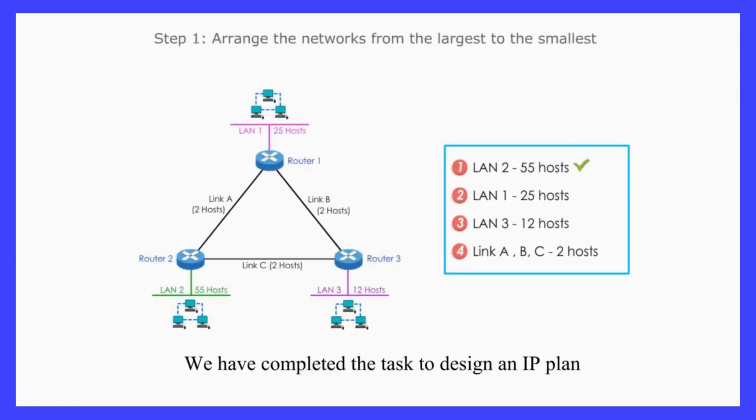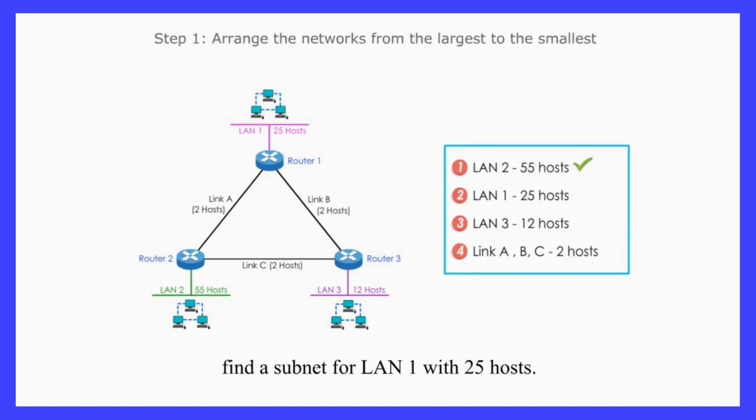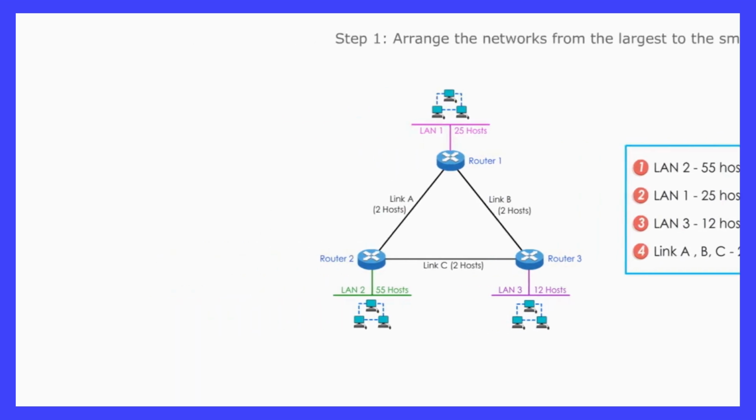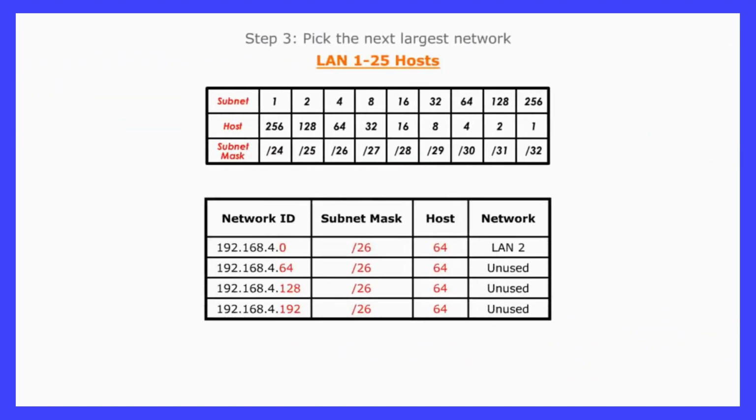We have completed the task to design an IP plan for the largest network, LAN 2, and move to the next step. Find a subnet for LAN 1 with 25 hosts. Step 3. Pick the next largest network to work with.